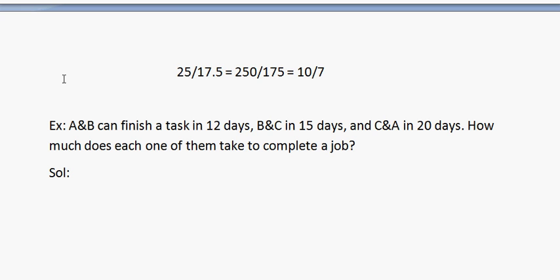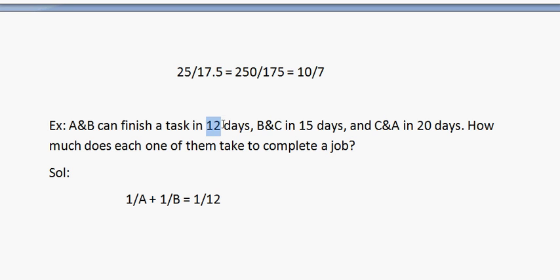So let's do it. Let's assume that A does the work in A days, B does the work in B days, and C does the work in C days. So what we can write is 1 by A plus 1 by B is equal to 1 by 12, right? A's 1 day work plus B's 1 day work is equal to total 1 day work, right? So total work was done in 12 days.